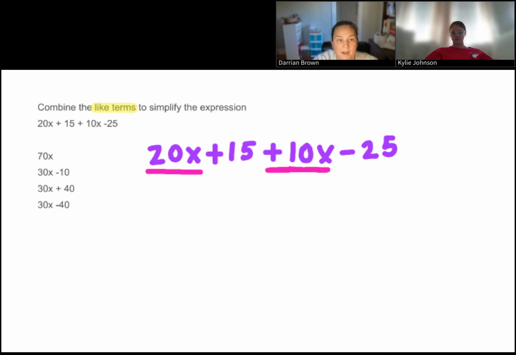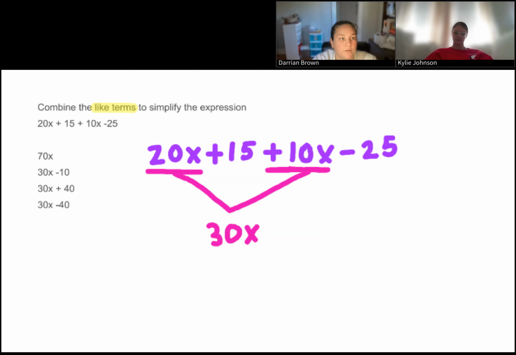So we're going to combine those two together first. So what is 20 plus 10? Good. It is 30, and you keep the variable. So it's 30x.